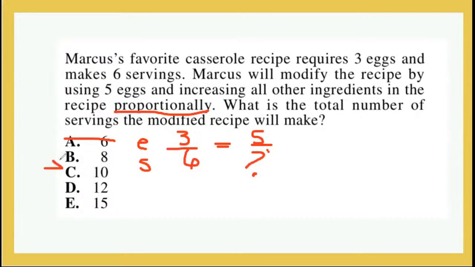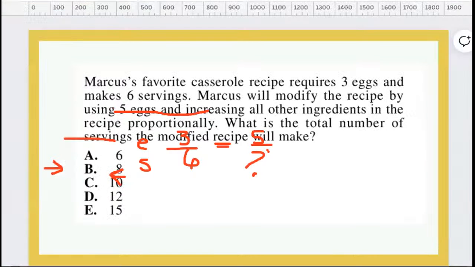I think that's the easiest way to do it, to just know, hey, we're looking for equivalent fractions. But if you need to solve the proportion, like if you just didn't catch that, then you would do 6 times 5 is 30, divided by 3 would be 10. Either way, your answer is C, 10. And this is, once again, an integrating essential skills problem, 6th through 8th grade math content.